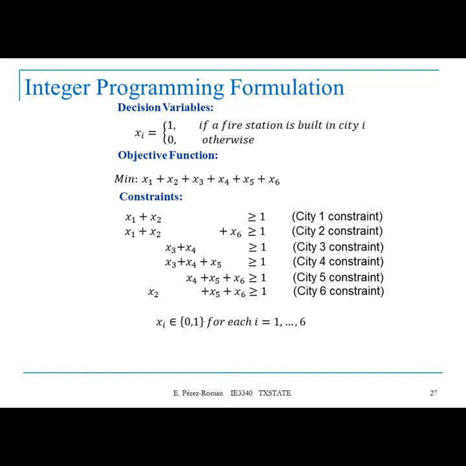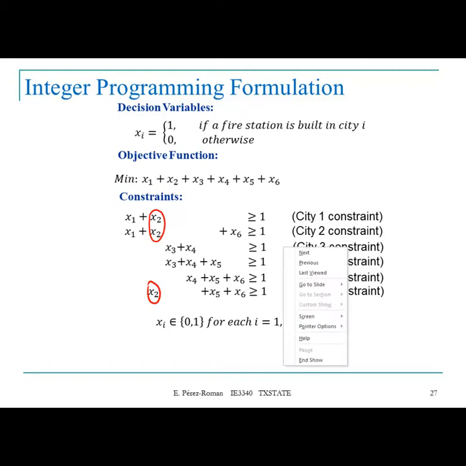Just by looking at the problem, you can see. So here you have these two, and this one, and then these. So having x2 and x4 equal to 1 will satisfy all the constraints and will cover all the cities.